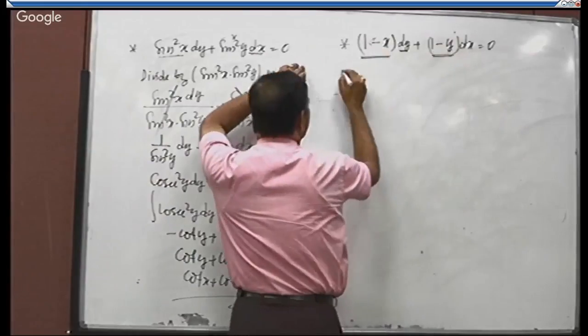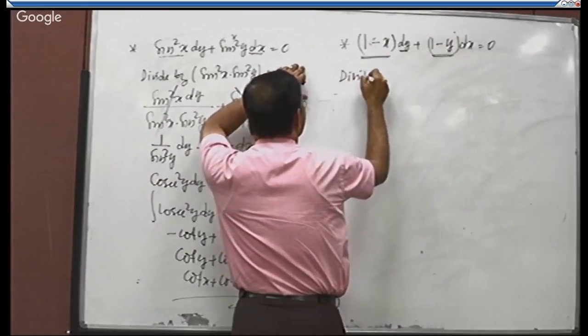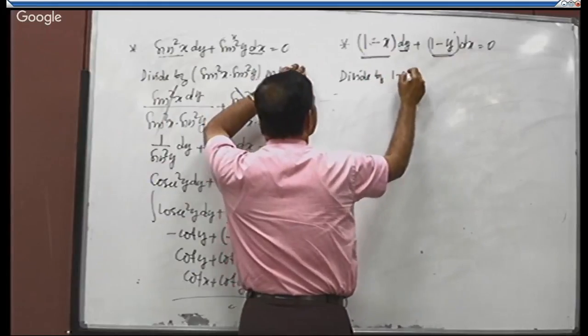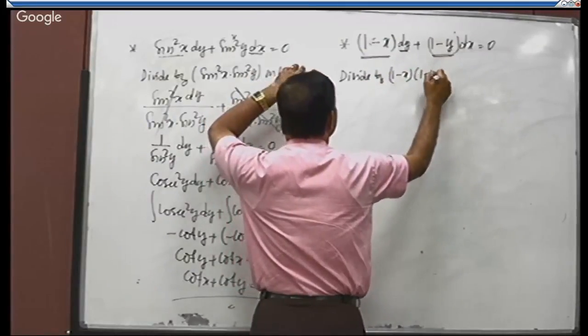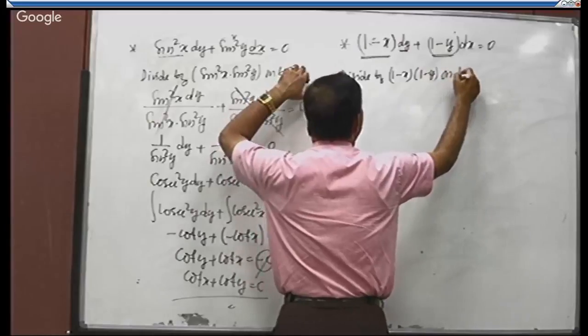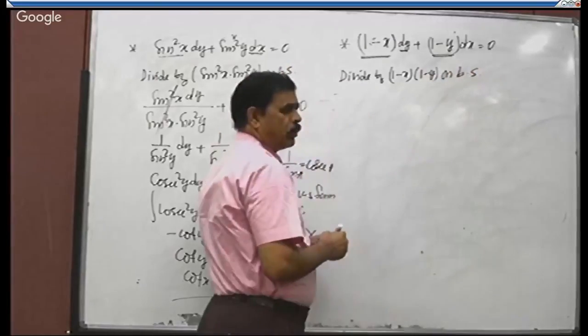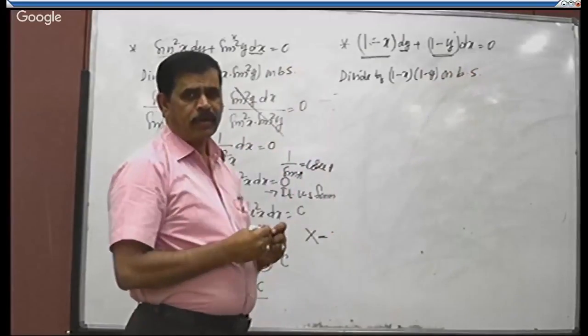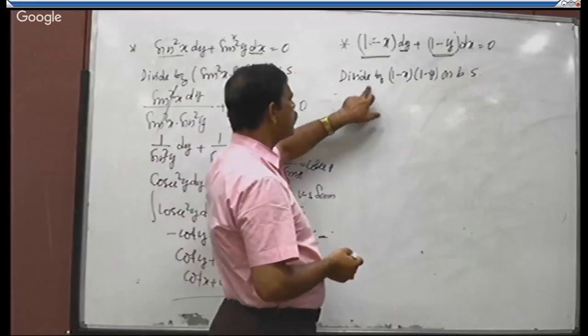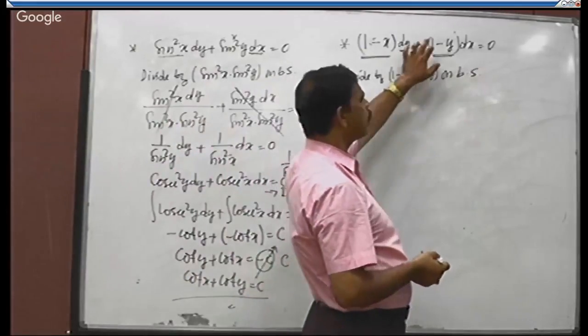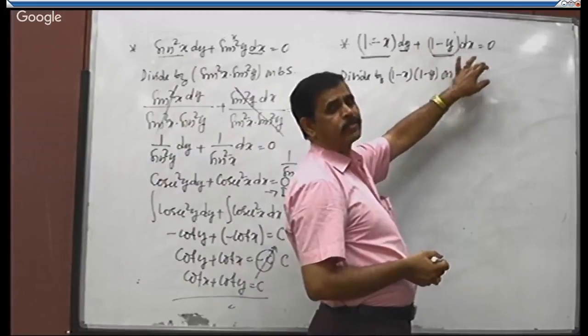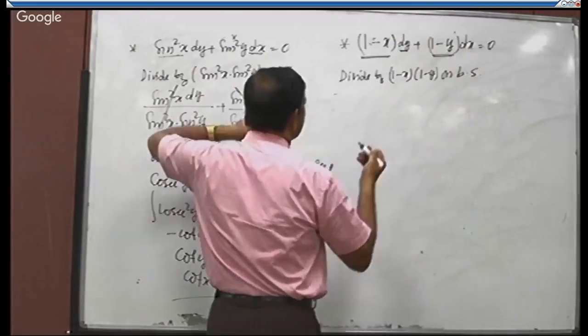This should be removed. Therefore, divide by what? 1 minus x into 1 minus y on both sides. You just multiply, divide with the product of unwanted terms at dx and dy.